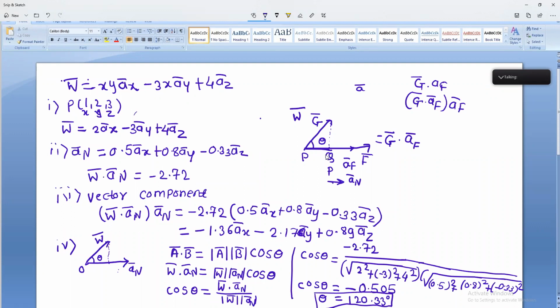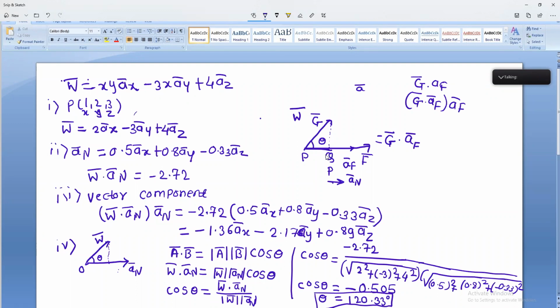By using the simple dot product we can find the angle. So a bar dot b bar is equal to mod of a bar mod of b bar into cos theta. So we get w bar dot a bar n is equal to mod of w bar mod of a bar n into cos theta. So find cos theta.